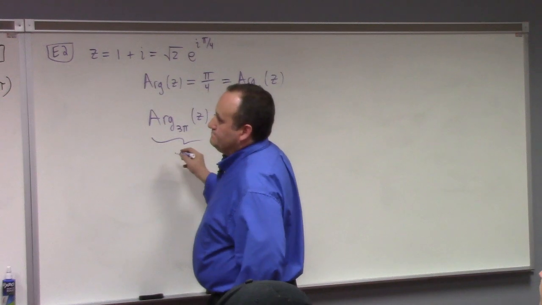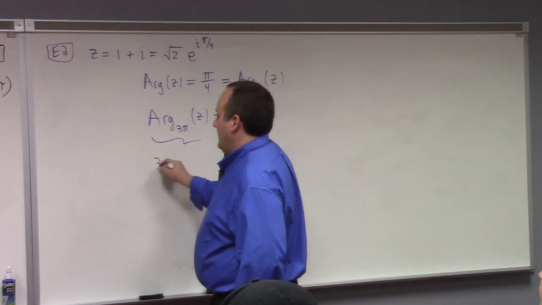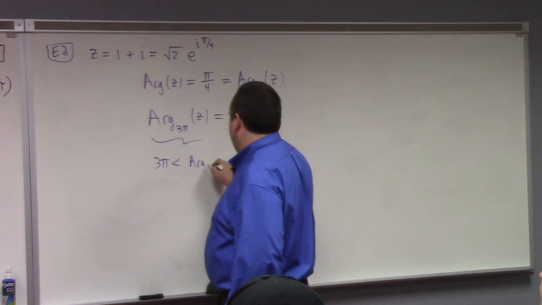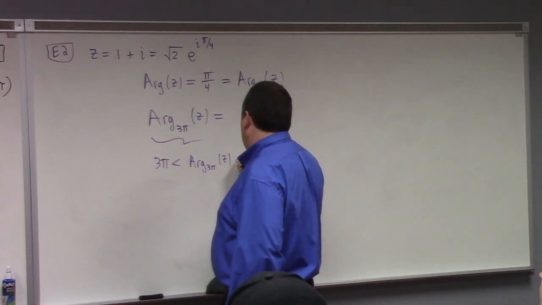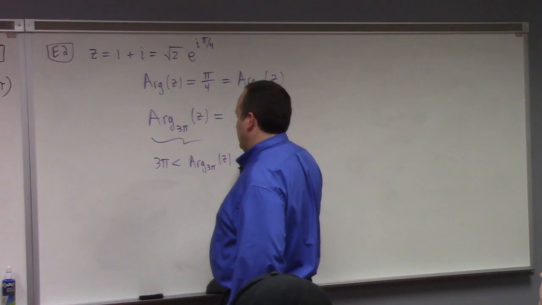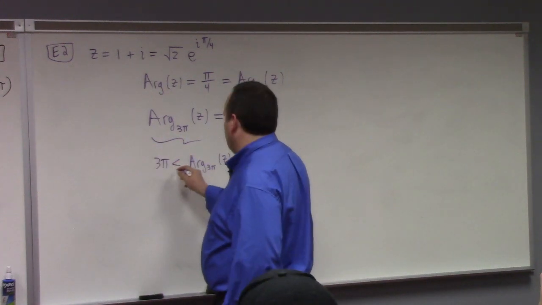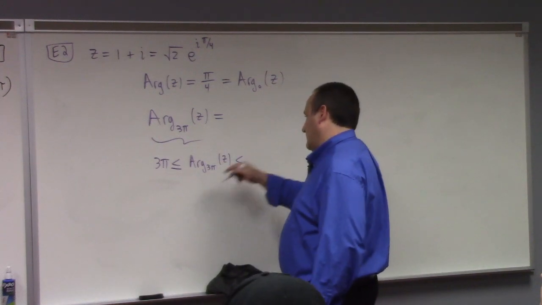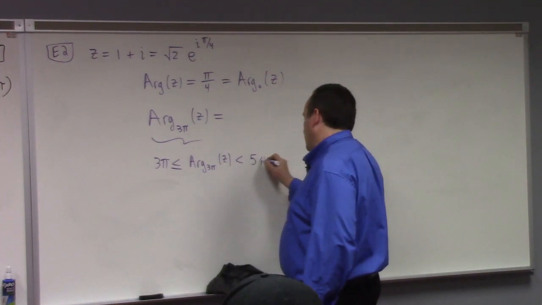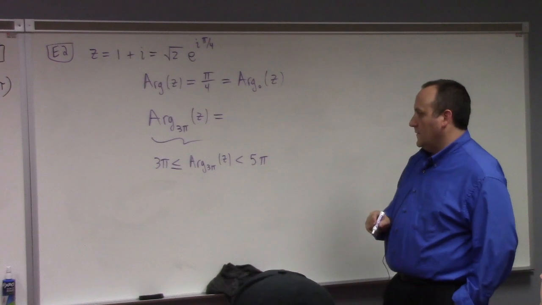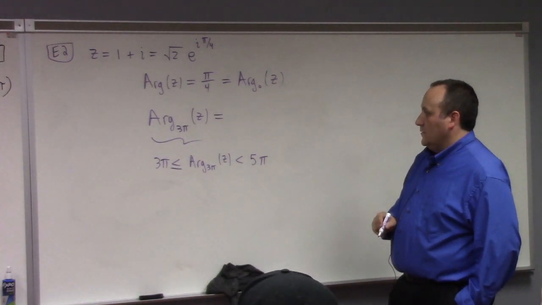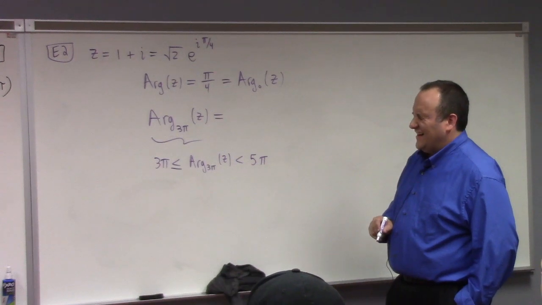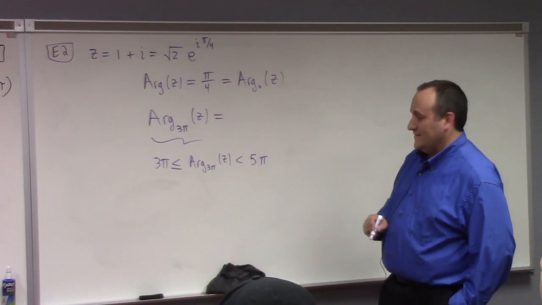It's between what? 3 pi less than the angle we're looking for, right? Less than or equal to 3 pi, right? By my definition. Less than what? 3 plus 2, 5, right? So 13 pi over 4? Oh, you're probably right. Ah, my brain. Yes, thank you.